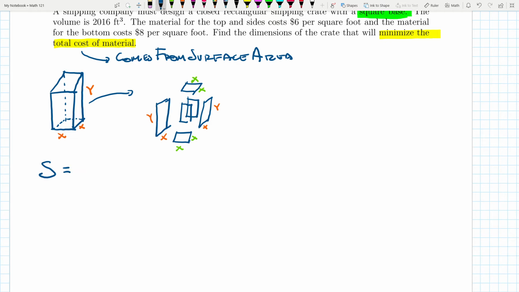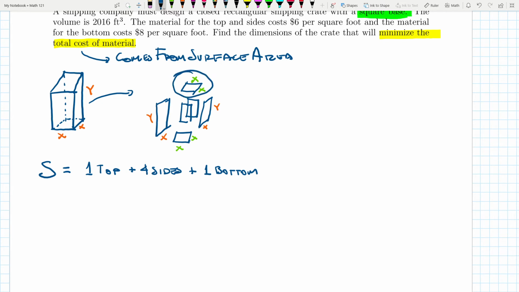Before writing any expressions containing x's and y's, let's be clear about what we have. So this box contains one top plus 4 sides plus one bottom. All right, so one top, what are the dimensions for the area of the top?